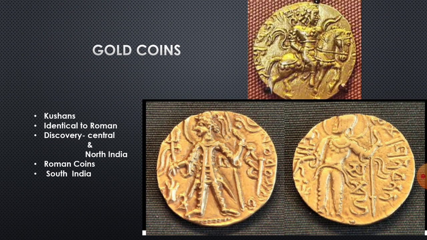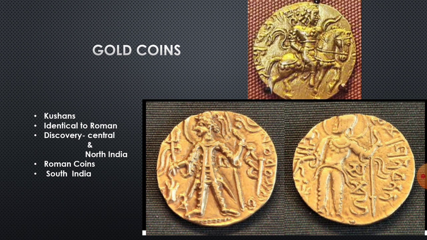From the 1st century Common Era, many gold coins were discovered in North India and Central Asia. These coins began to be issued by the Kushana rulers. They were identical to the coins issued by the Parthian rulers of Iran and the Roman solidus that you studied about in class 11th.